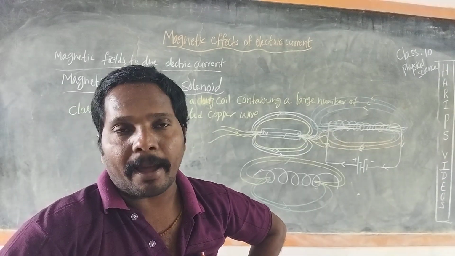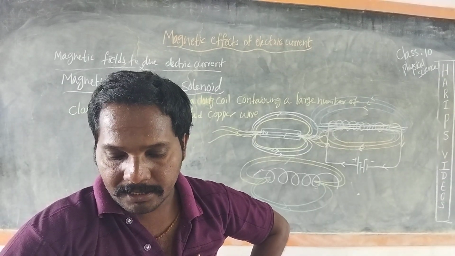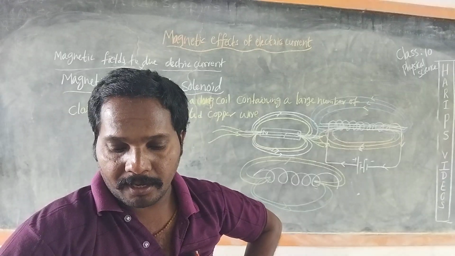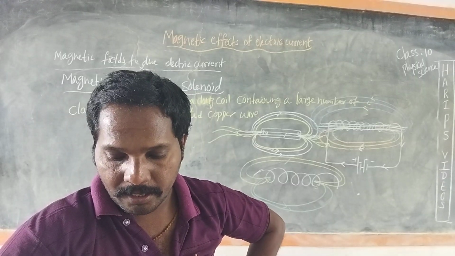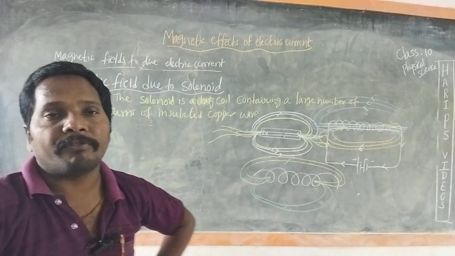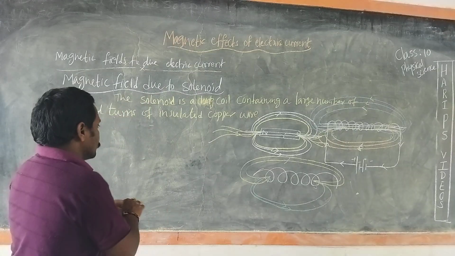If the strength of the magnetic field is the same in a region, it is said to be a uniform magnetic field.